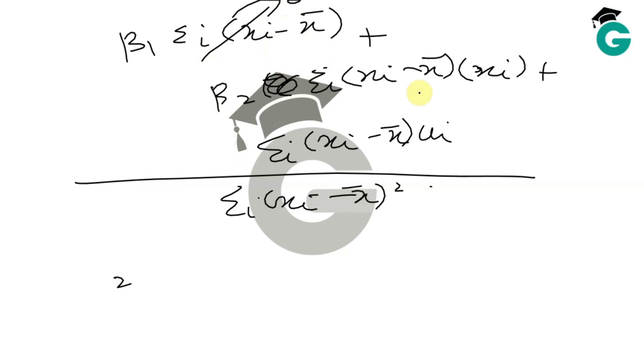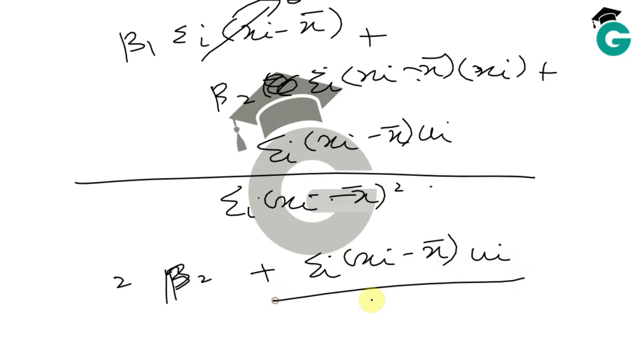What you're left with, and this can get cancelled, is again beta 2 plus summation i xi minus x bar ui over summation i xi minus x bar squared, right? Okay, so let's look at this expression a little carefully.